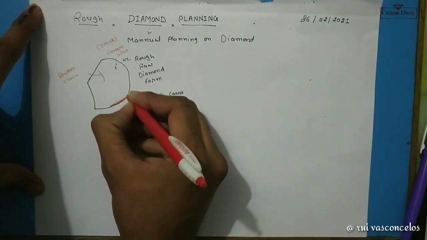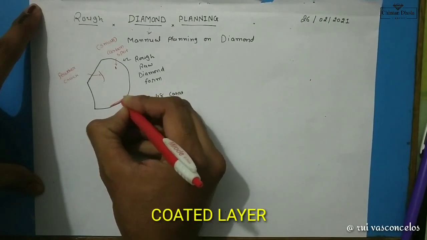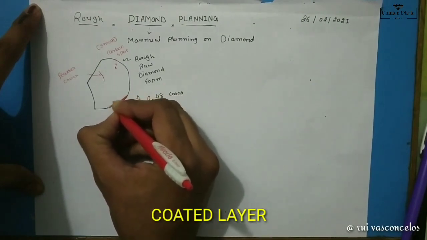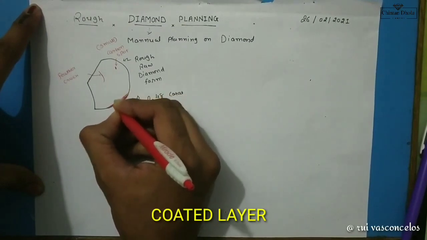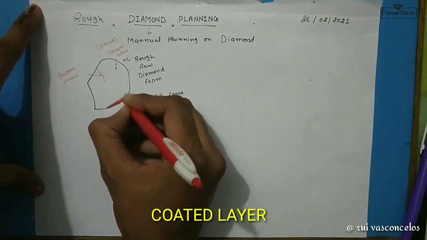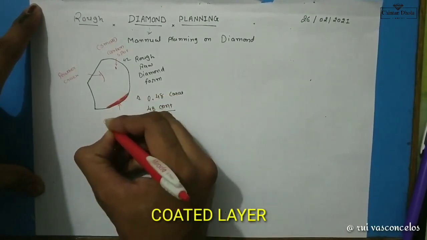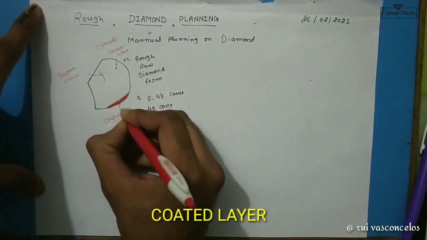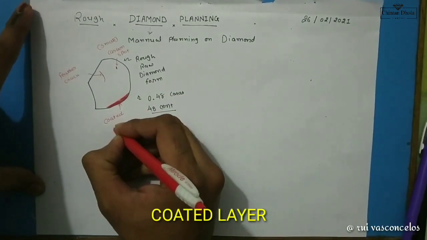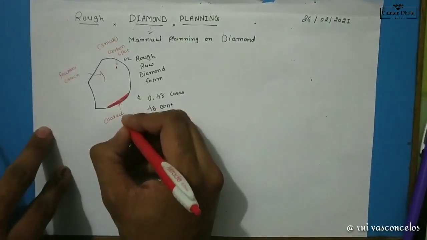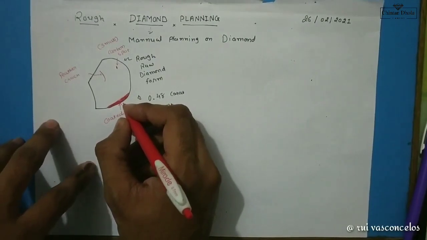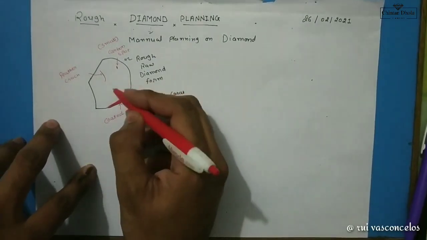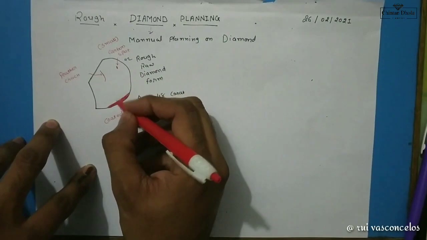Now what is this? This is coated part over there. We also remove it. This is called coated. This coated part is also in that diamond. We have to remove it, because we decided to make a plan on this diamond.